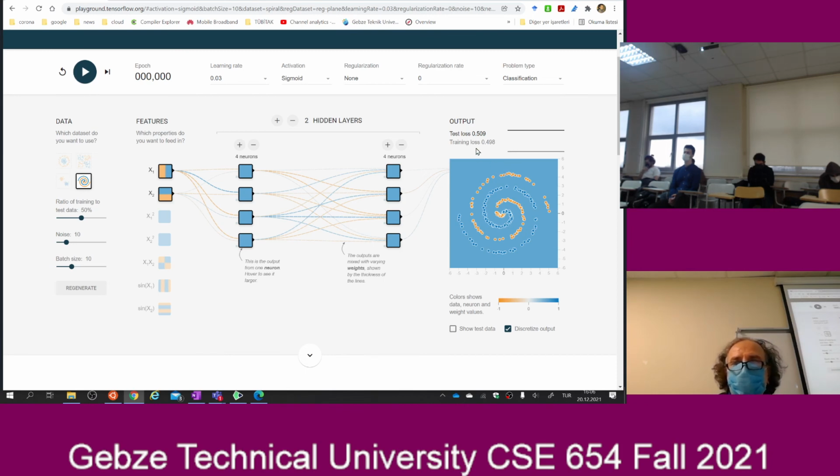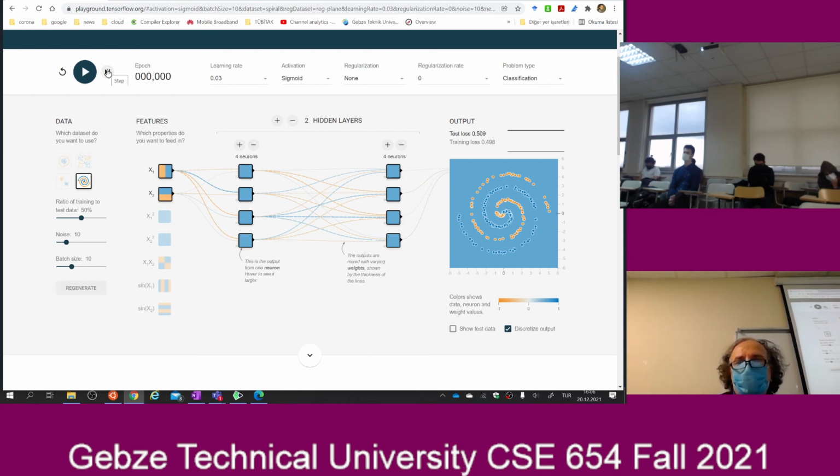It says that my loss is 0.5. Almost half of them are incorrect, because it is trying to say that everybody is all blue. So half of all the blues are correct, all the yellows are bad, so 50% success rate.